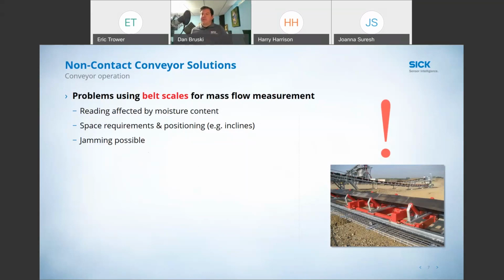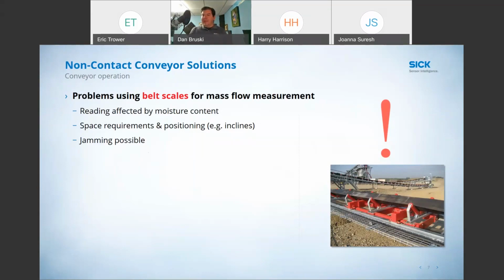When the material is wet, the total mass flow increases and the measurement result will be incorrect. The plant operators often have the problem of not being able to position the belt scale where they would like it to be, since belt scales cannot be installed near an inclined angle or directly before or after curves, as these are often leading sources of vibrations and reduced accuracy.